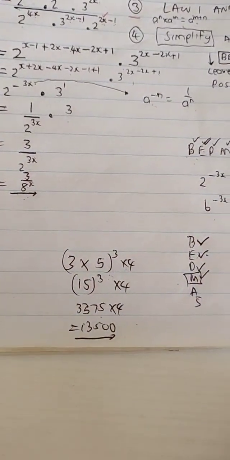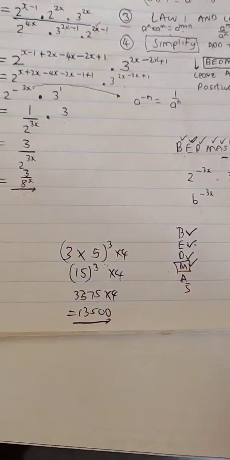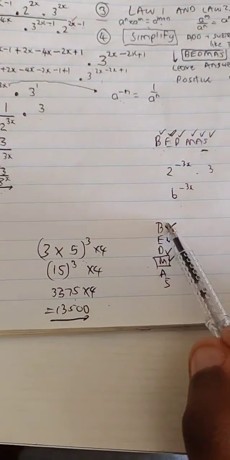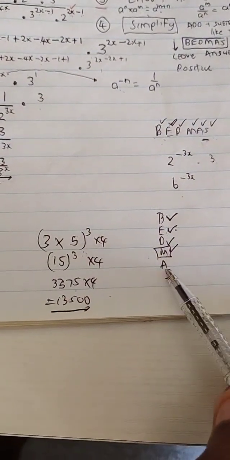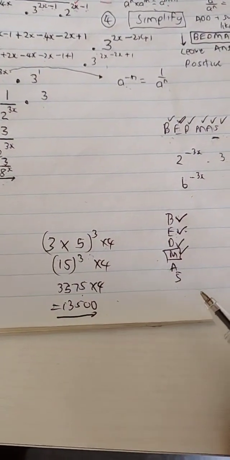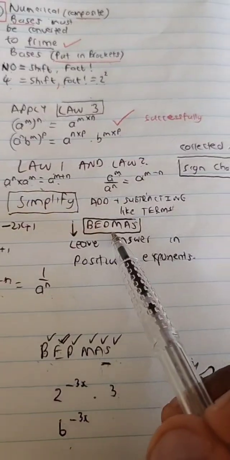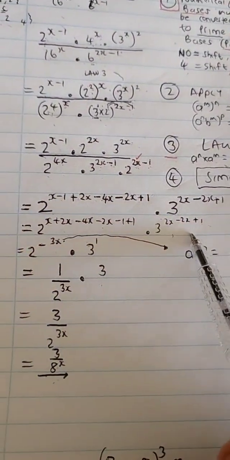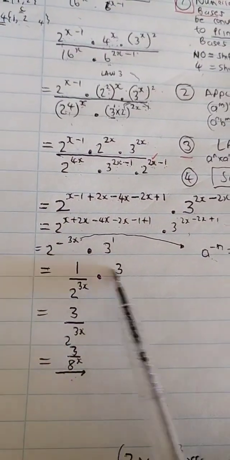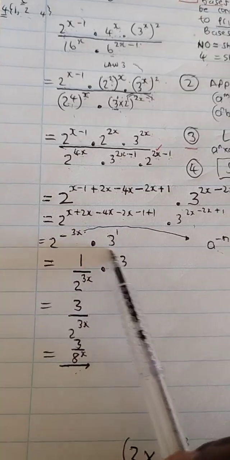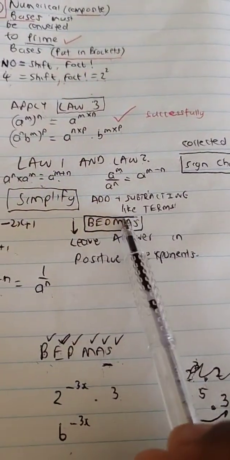So guys, please, BODMAS, BEDMAS: brackets, exponents, division, multiplication, addition, subtraction. When we get to the simplification stage after adding and subtracting the exponents, we must remember BEDMAS.